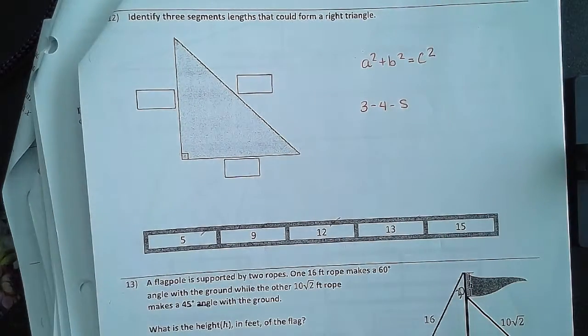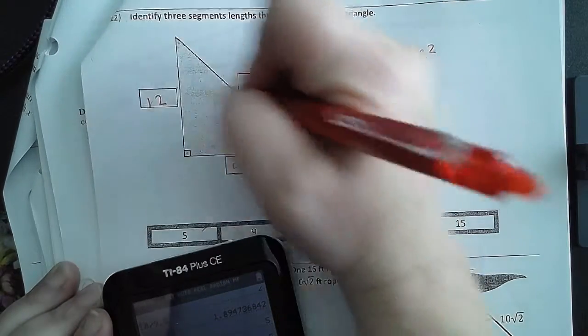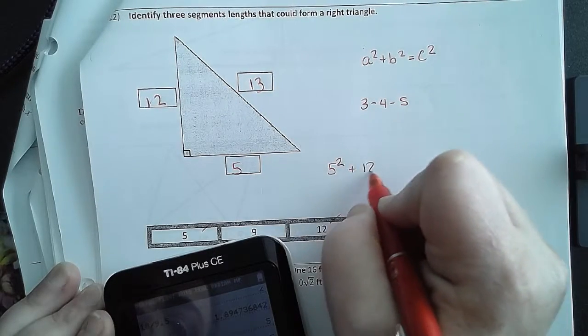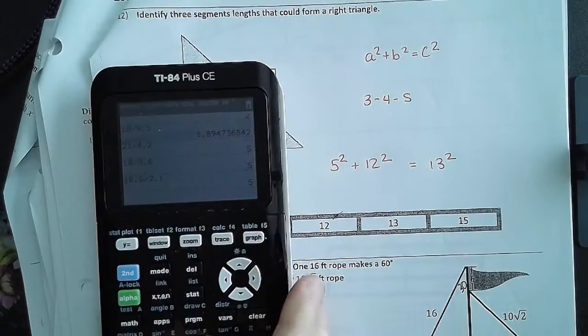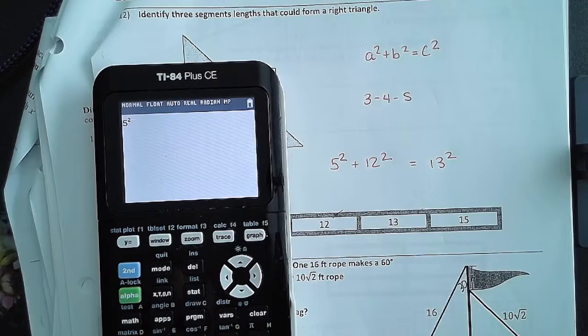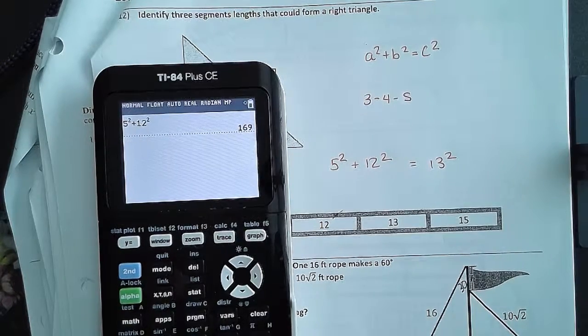Because if I had 5, 12, and 13, 5 squared plus 12 squared, is it equal to 13 squared? Well, let's see. 5 squared plus 12 squared equals 169, and 13 squared is also equal to 169.